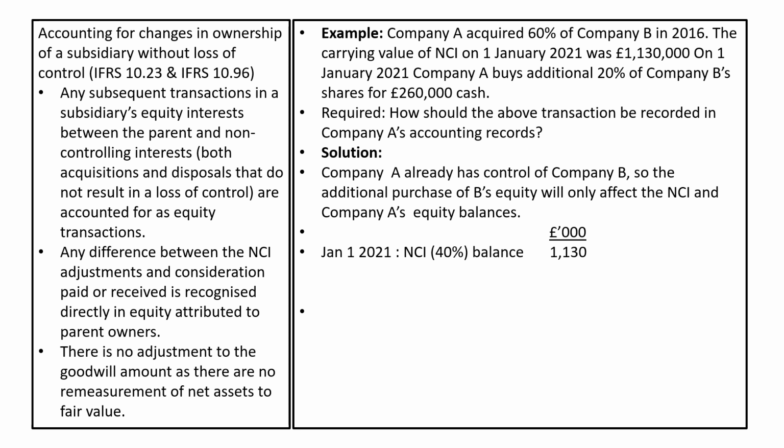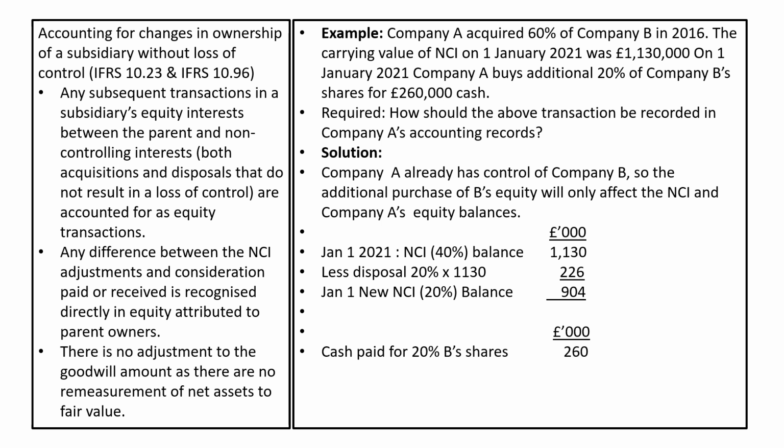We're given for the 40% holding, which is 1.13 million. We disposed of 20%, which is equivalent to 20% times 1130, that gives us 226. And on 1st of January, on the same date, the new NCI balance, which is now reduced to 20%, is worth 904,000.